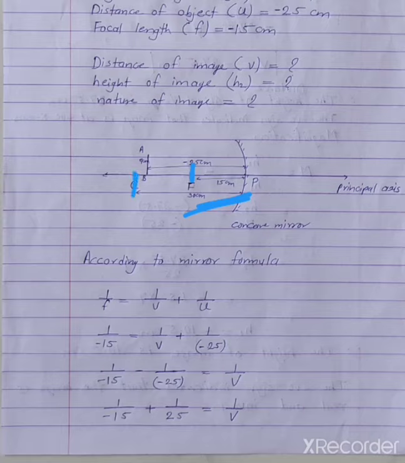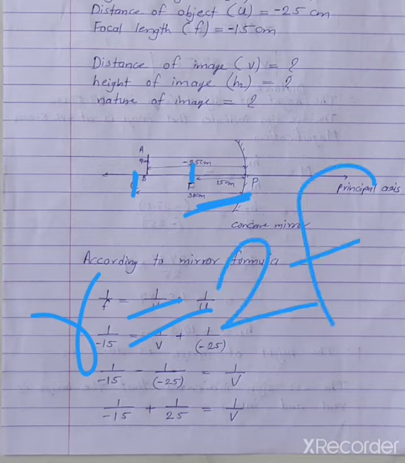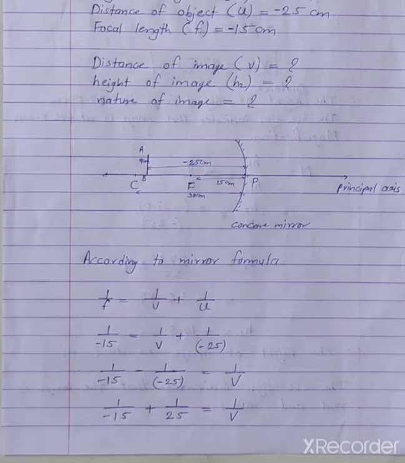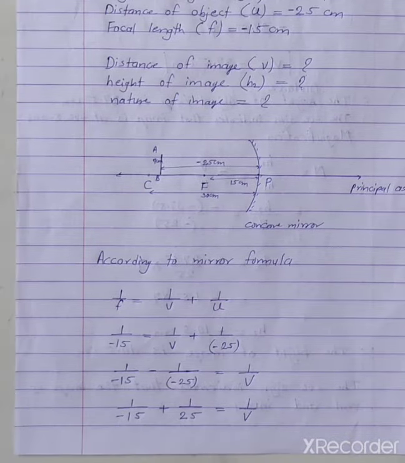The relation between focal length and the radius is, the radius of curvature is equal to twice the focal length. Therefore this center of curvature is at 30 centimeter from this pole.